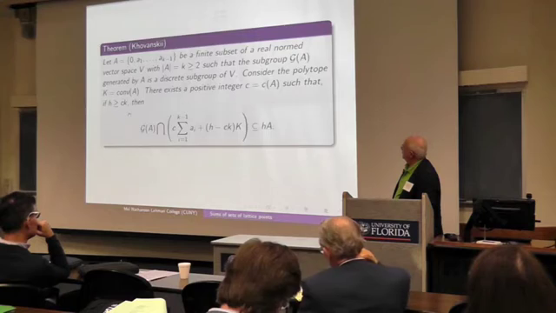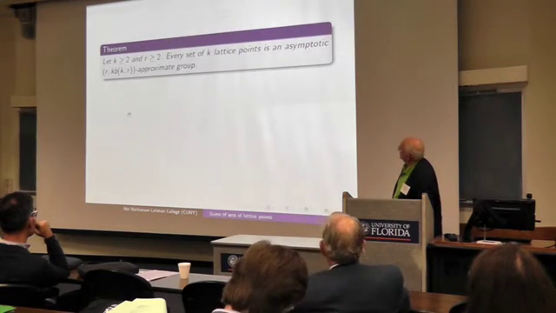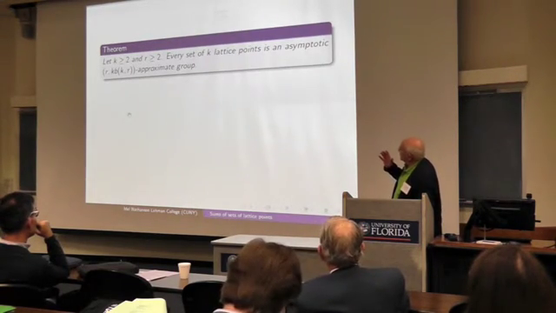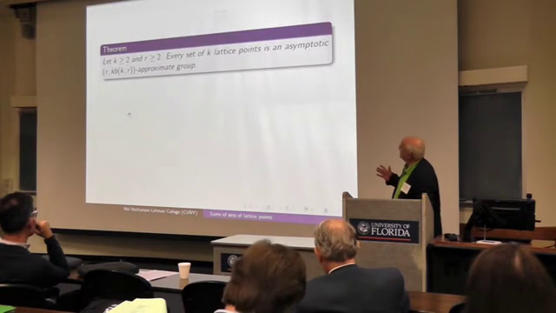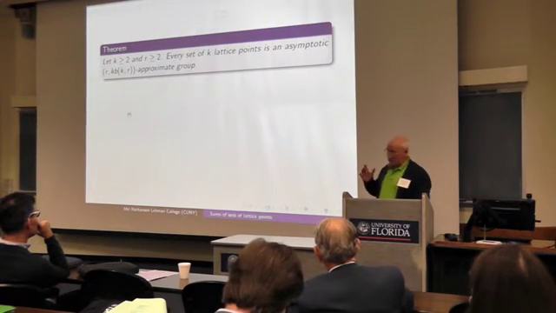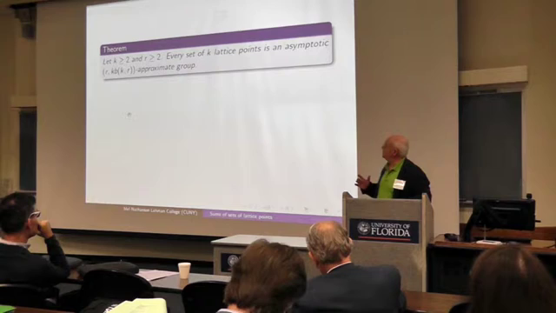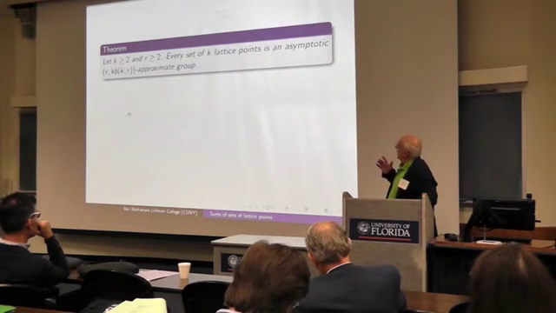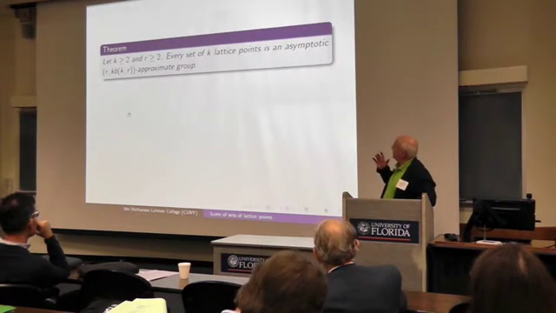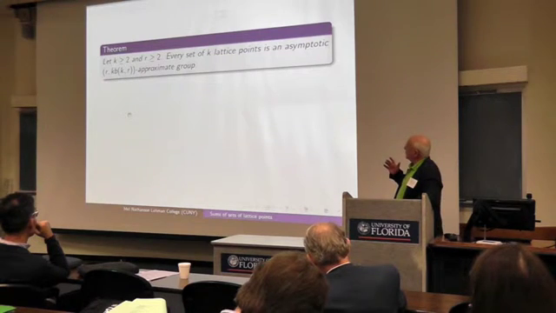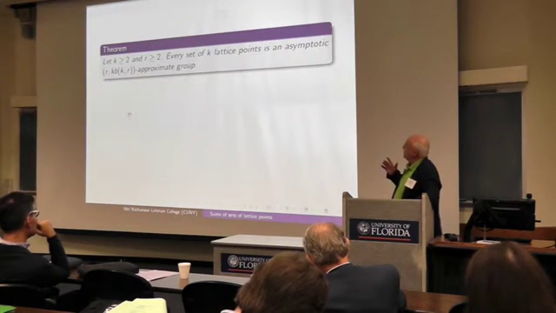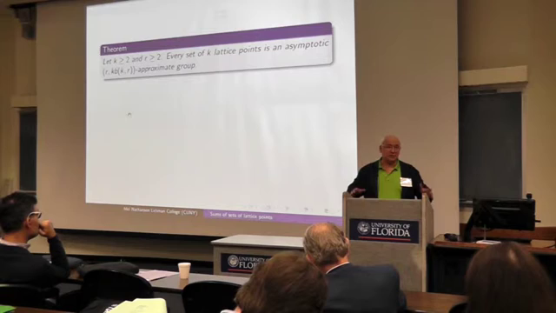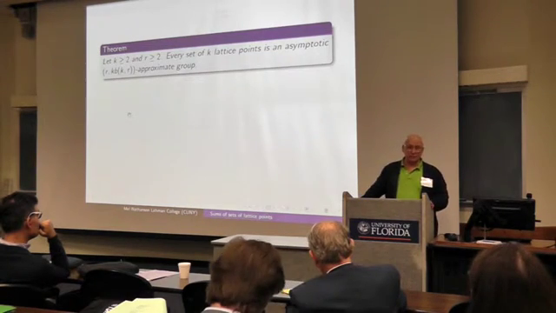And from that, we get something too technical to talk about. But then we get to the serious thing, which is, just as every finite set of integers is an asymptotic approximate group, every finite set of lattice points in Euclidean space is an asymptotic approximate group.